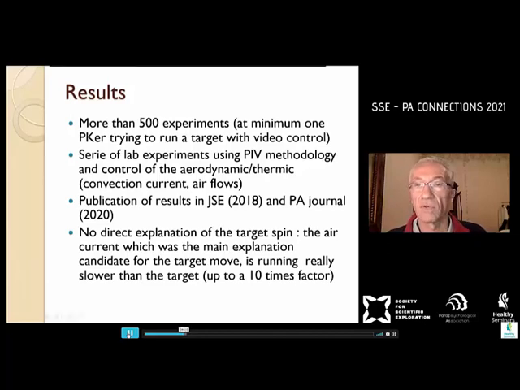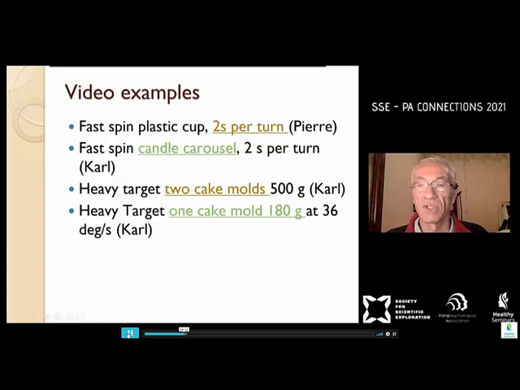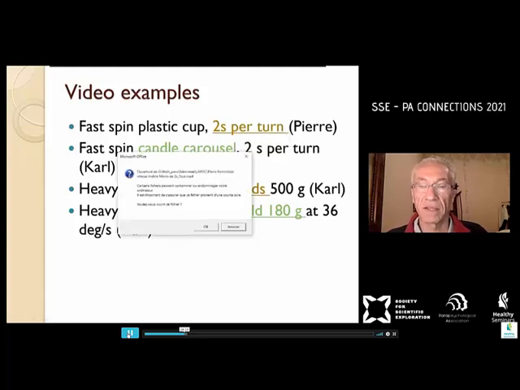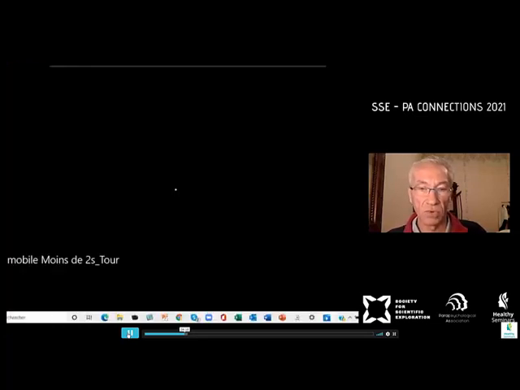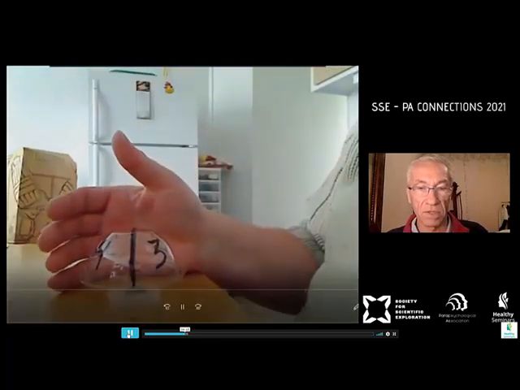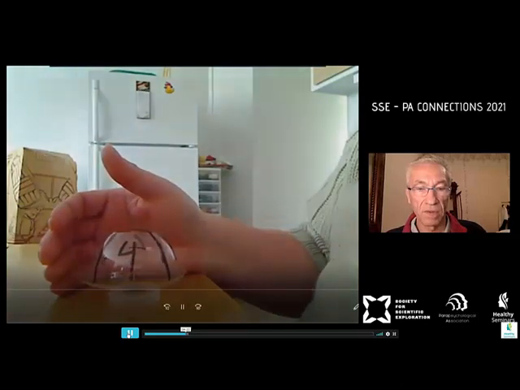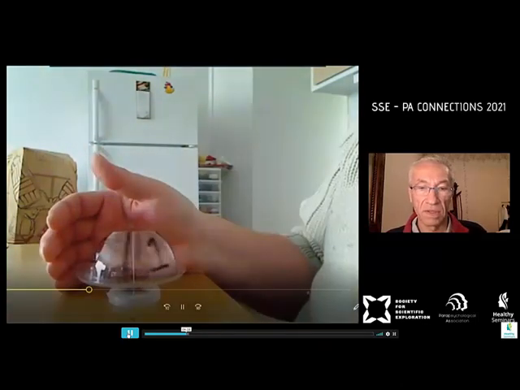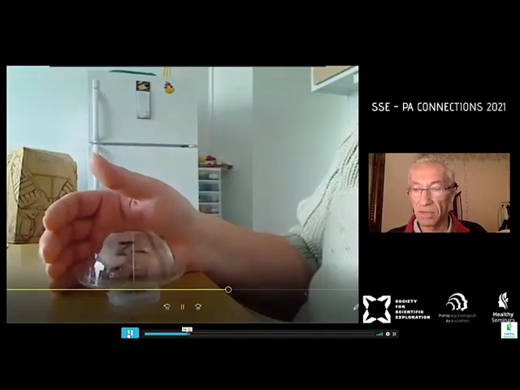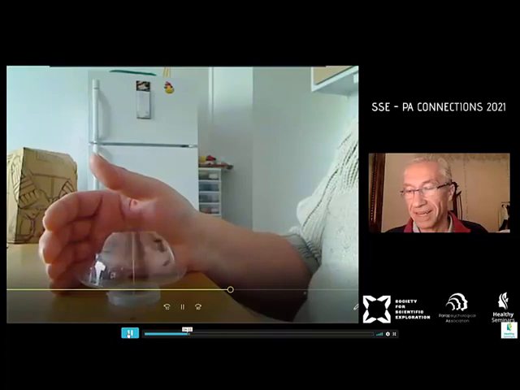So just to give you an example, I will take one light target which is spinning very fast. For example, this one. It's Pierre, a practitioner in Canada. So the target is starting. Then you see that it's moving faster here, depending on your internet connection.